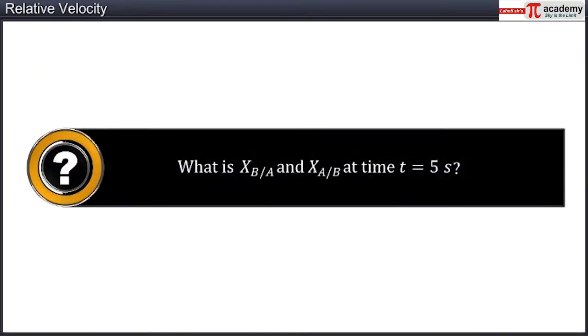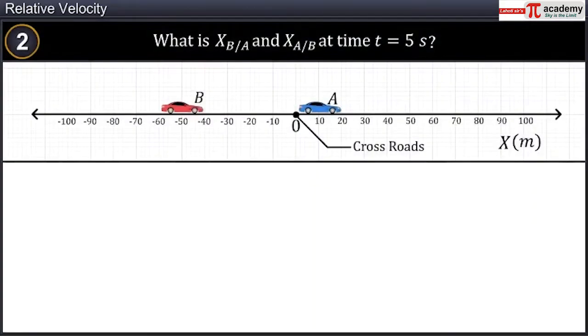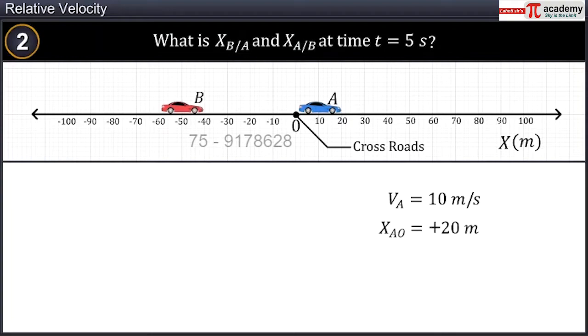2. What is xB/A and xA/B at time t equal to 5 seconds? Here, vA is equal to 10 meters per second. xA0 is equal to plus 20 meter. tA0 is 0 second and tA is equal to 5 second.